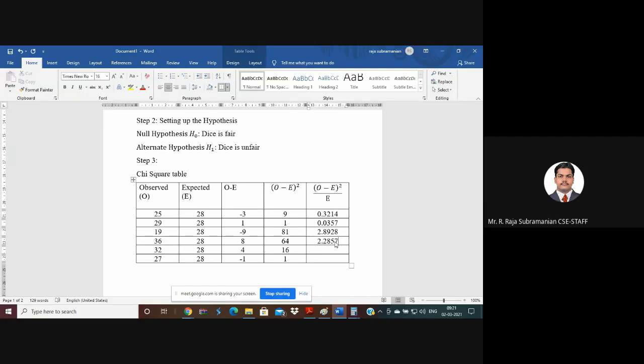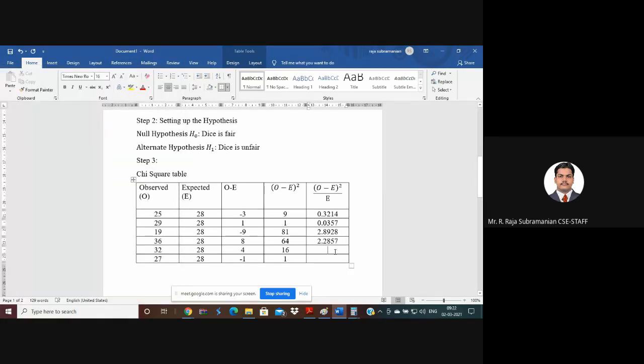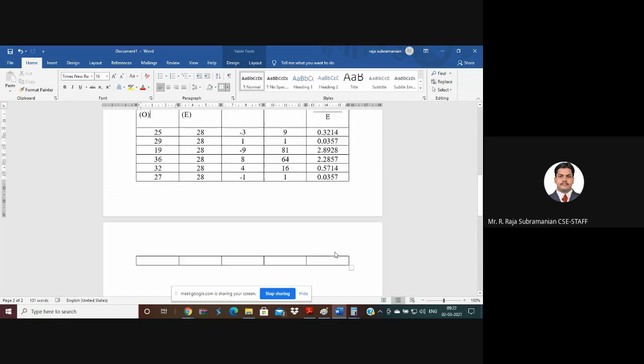Next, 16 divided by 28 is 0.5714, and 1 divided by 28 we already have, 0.0357, right? All the calculations are going good, right? Can anyone see that? Yes, great. Now we have found these values.